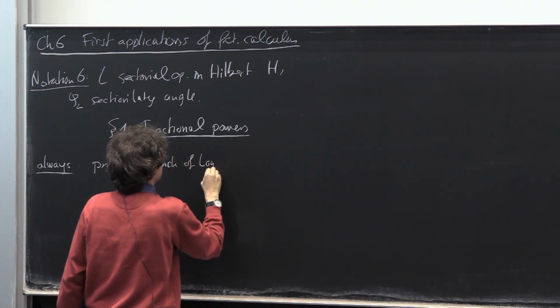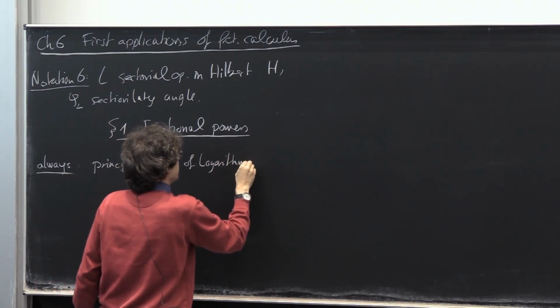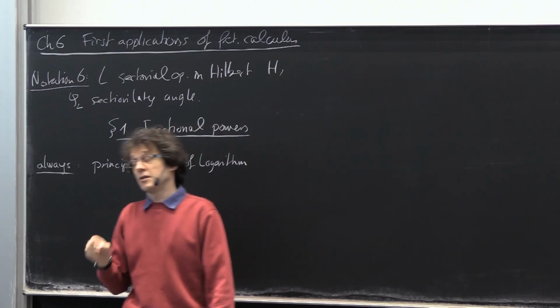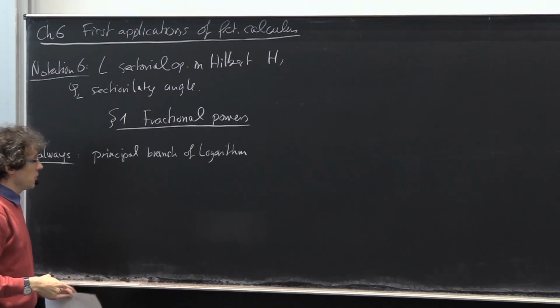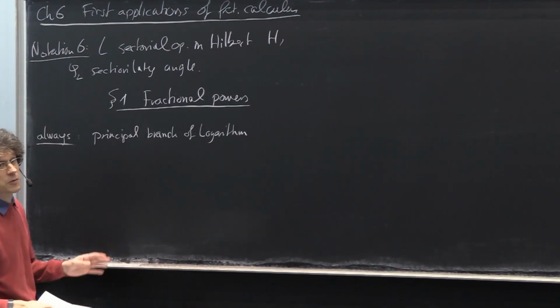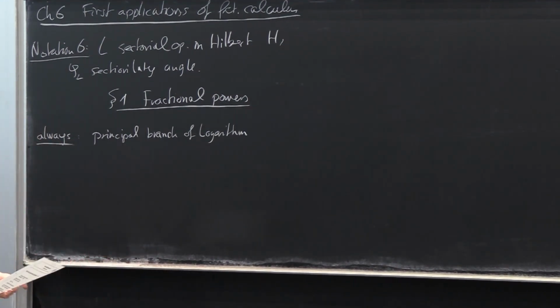So whenever you see a complex power, this is defined via the complex exponential function and the complex logarithm, and the complex logarithm will always be the principal one, so the argument will be between minus pi and pi.